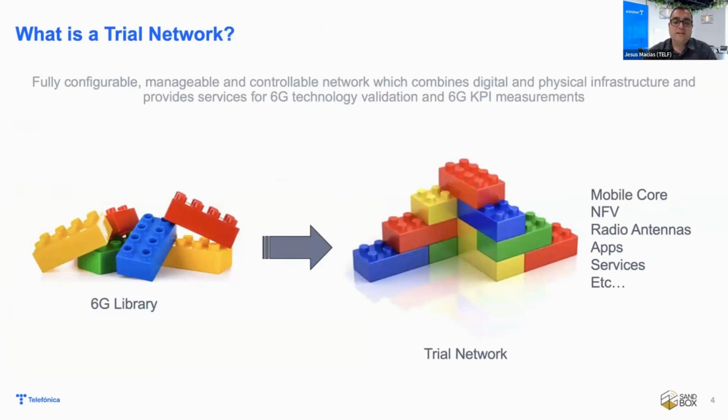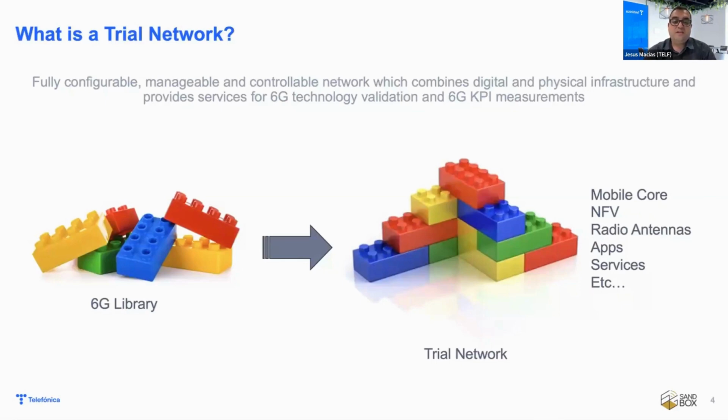A trial network should be a fully configurable, manageable and controllable environment, combining virtual and physical components and modeling a 6G network environment, allowing experiments to be executed and capturing a multitude of KPIs so that we are able to validate the new technologies that we want to test.